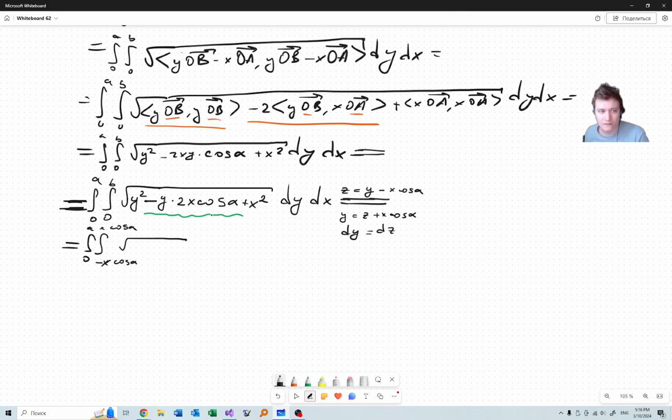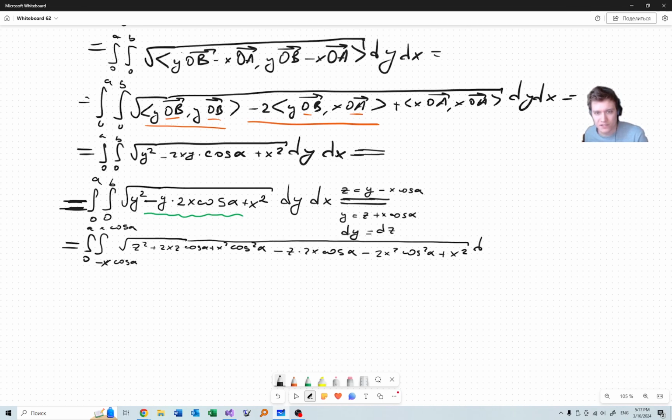So now here we have z squared plus 2xz cos alpha plus x squared cos square alpha minus z times 2x cos alpha minus 2x squared cos square alpha plus x squared, dz dx.